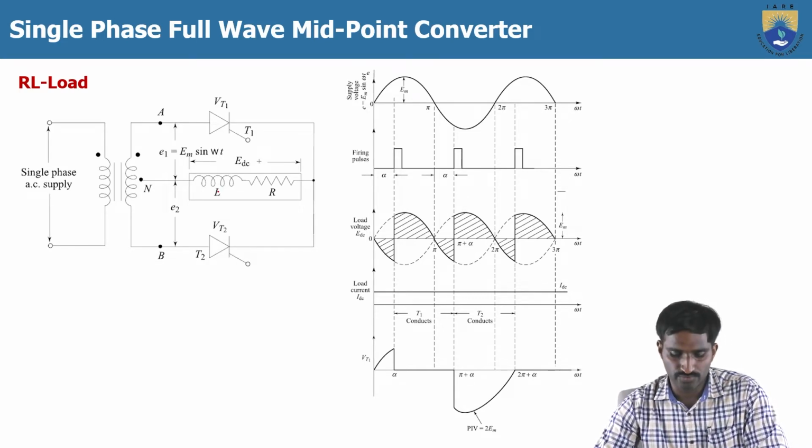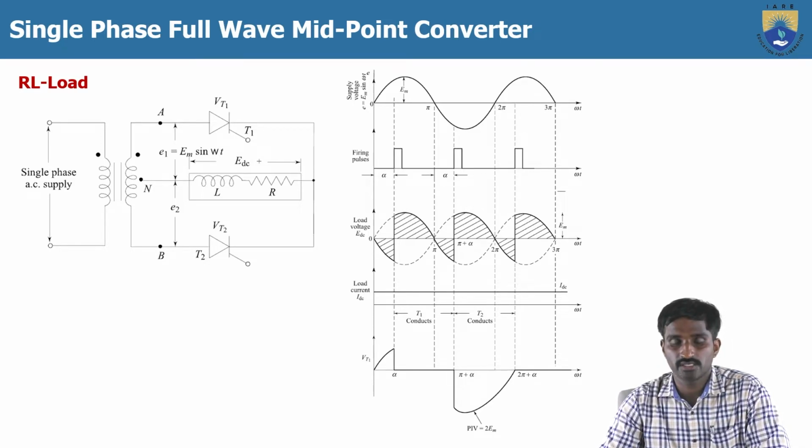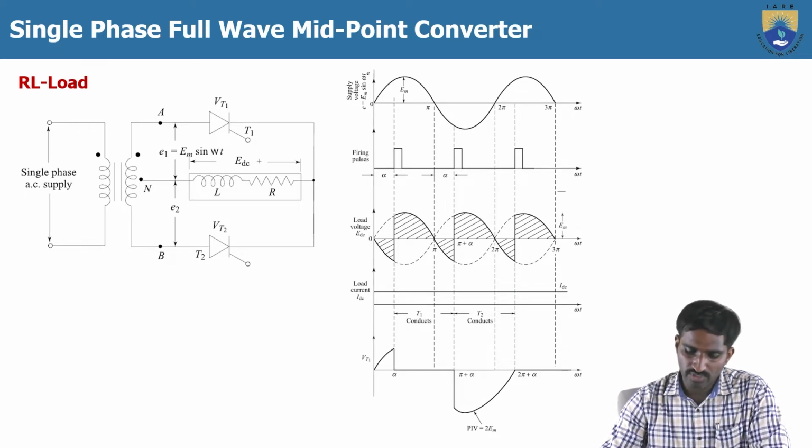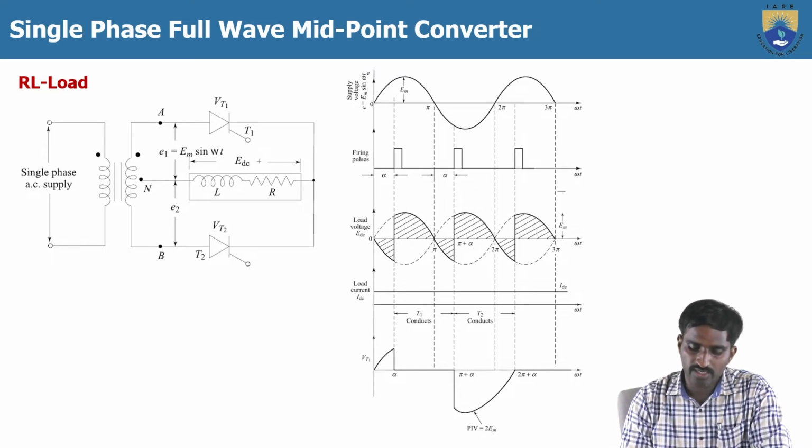If you choose a higher inductance value, then you will get a constant load current. So here we have considered a high value of the inductor, so that we get constant output DC current.